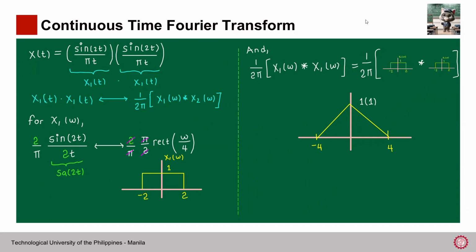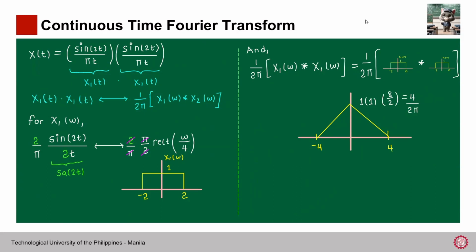So, bali 8/2, so that is 4. But take note, guys, na may 1/2 pi ka sa labas. So ibig sabihin, yung overall niya, di-divide pa by 2 pi. Again, yung over 2 pi is because may 1/2 pi sa labas.